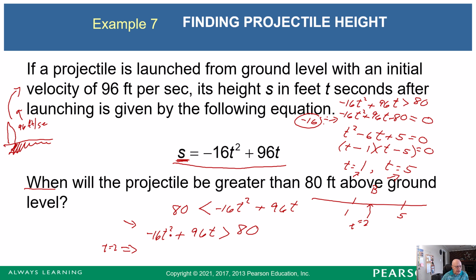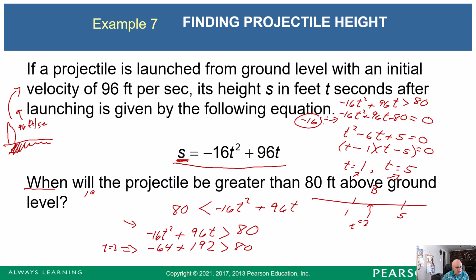So 2 here will be 2 squared is 4. 4 times 16 is 64, minus 64. Plus 2 times 96, 192, greater than 80. Let's see what we've got. I'm running out of room here.